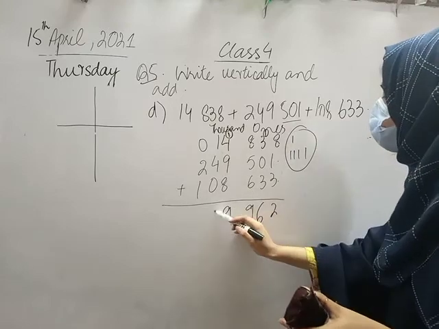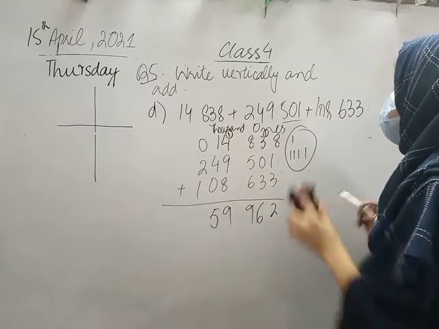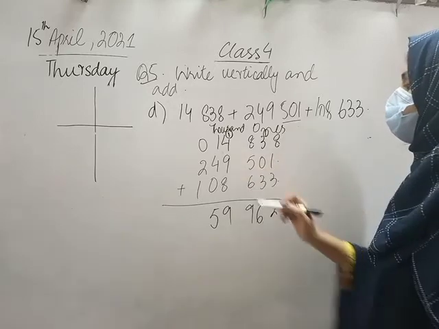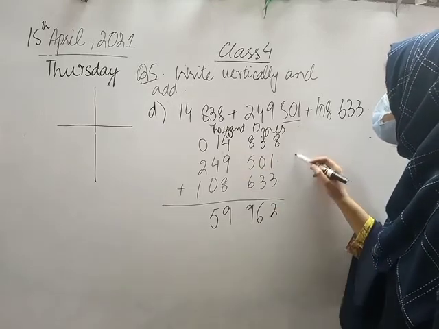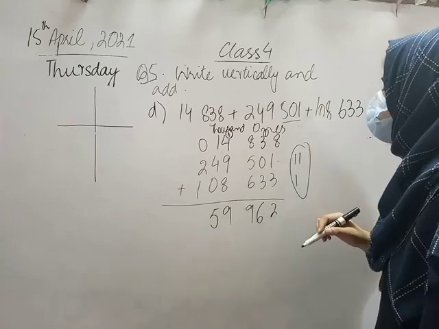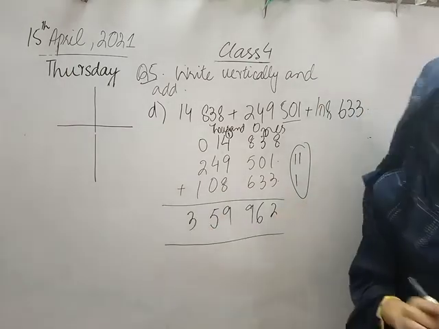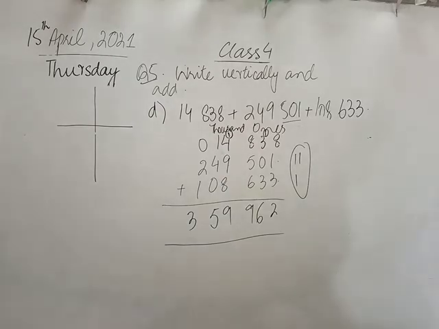So in total I have 5. The next number is 2 for middle and 1 for lower. So in total I have 3. So this is how we can solve numbers which go up to 1000. Fine class?